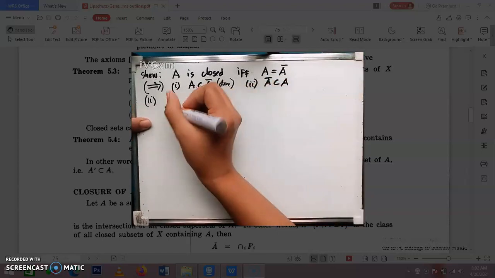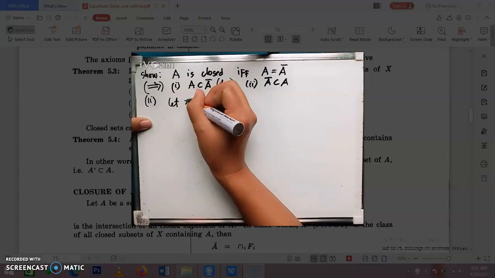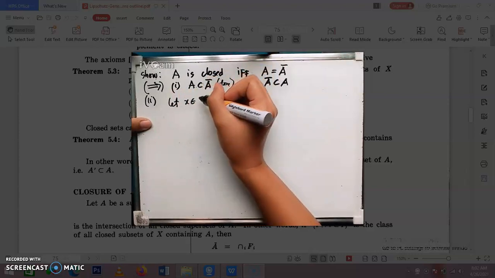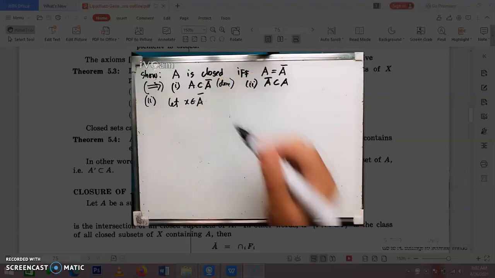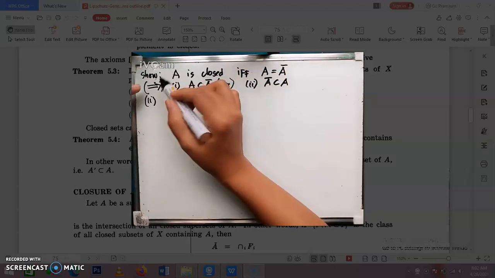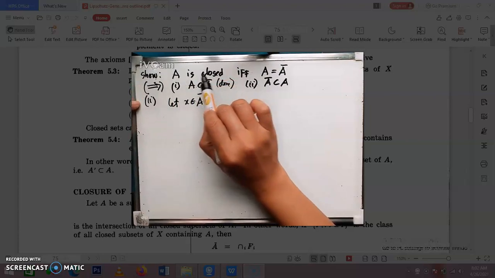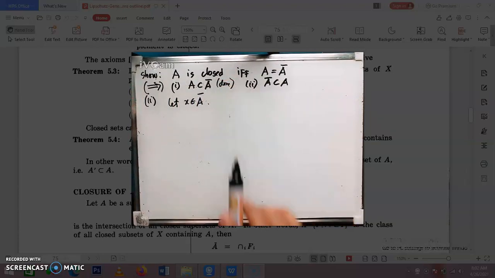So again, we let X be in A closure. So we will show that X is in A. Notice that for this proof, our assumption is A is closed. Then we will show this one.